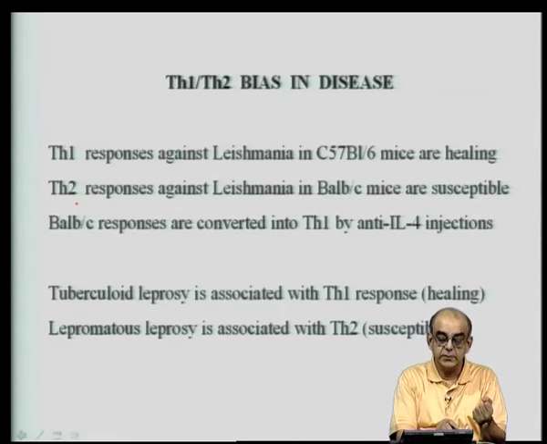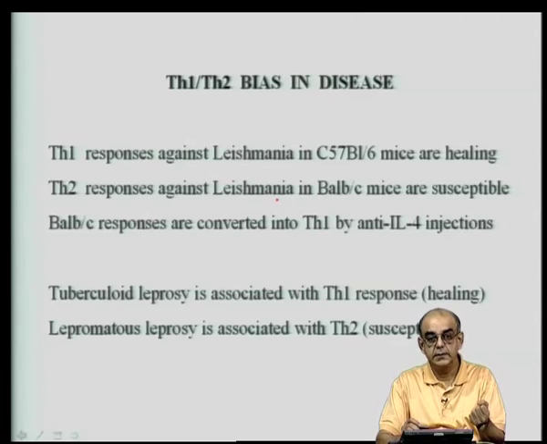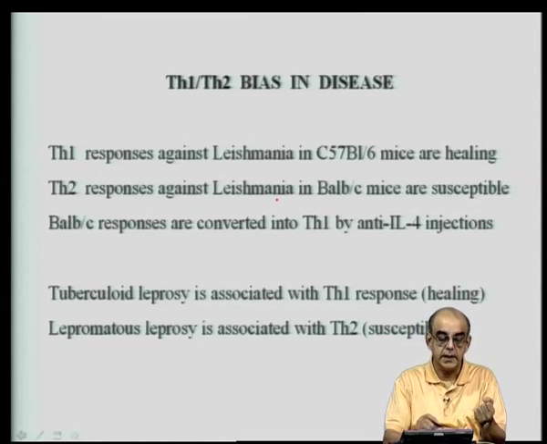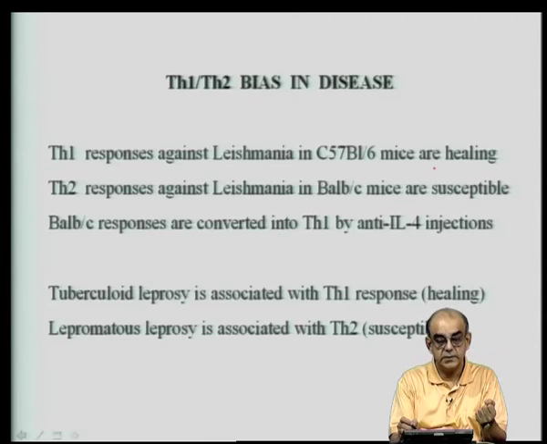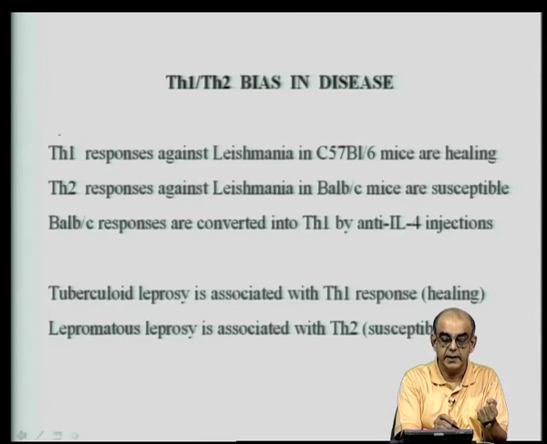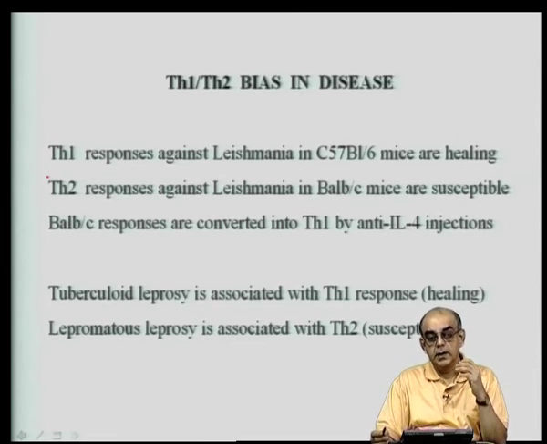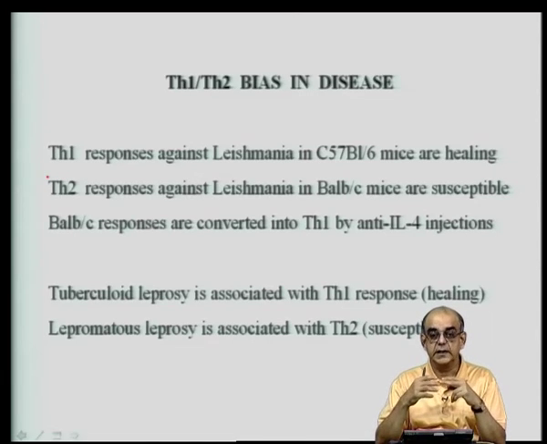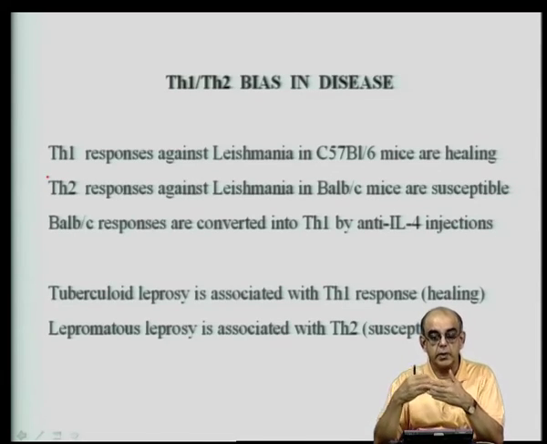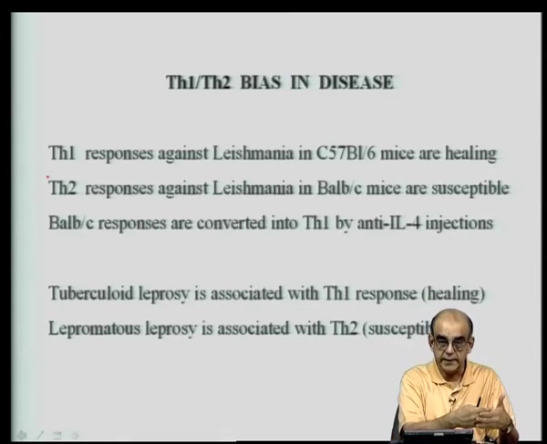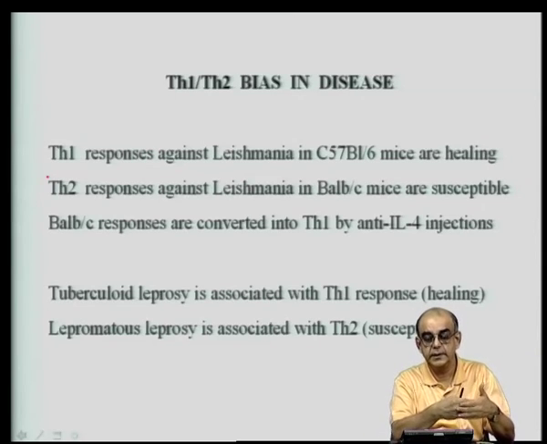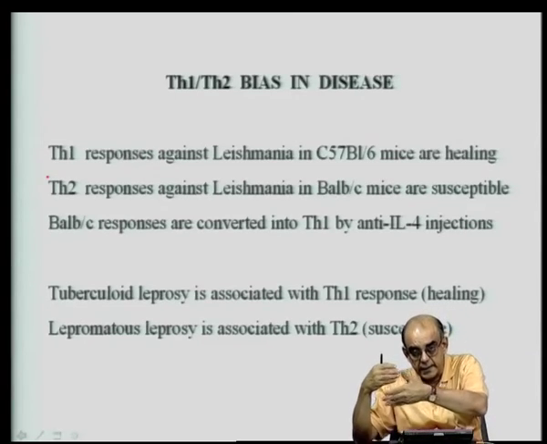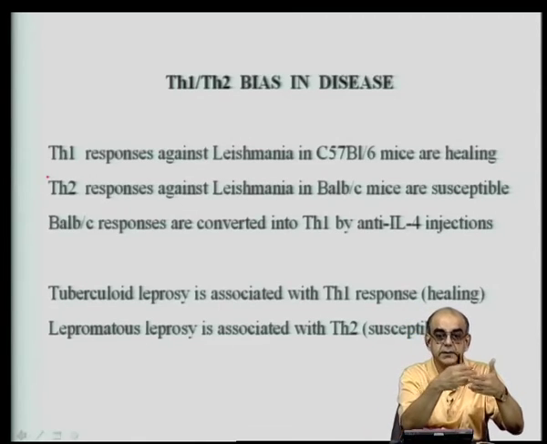So, when you look at these mice, you find that their lymphoid cells or T cells are basically having a bias towards Th2 type, but the healing mice, which are the B6 mice, have a bias towards Th1 type. As I told you earlier, these two cell types are cross inhibitory. So, gamma interferon inhibits the Th2 type, and IL-4 inhibits the Th1 type.